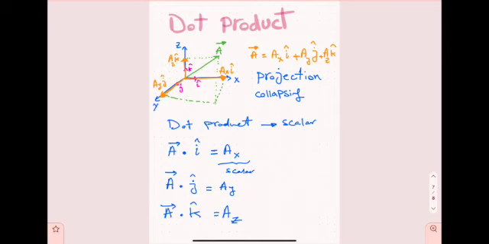So imagine this vector A with the axis x makes an angle of alpha, then A with the z axis makes the angle gamma, and the A with the y would have the angle of beta. So we have obviously now three angles of alpha, beta, and gamma.